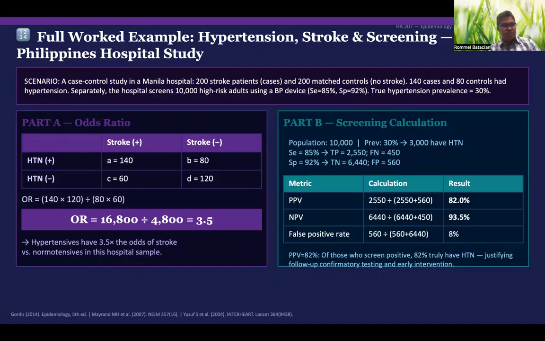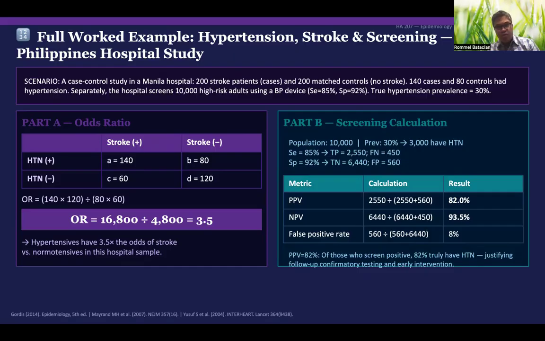So let's say for example again in a hospital, you made a case control study. You have 200 stroke patients and 200 individuals without stroke. Among those cases and controls, 140 of those with stroke have hypertension.